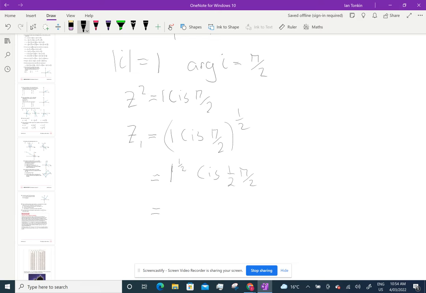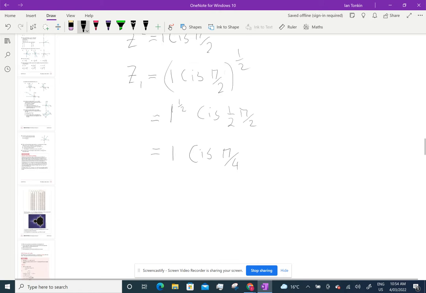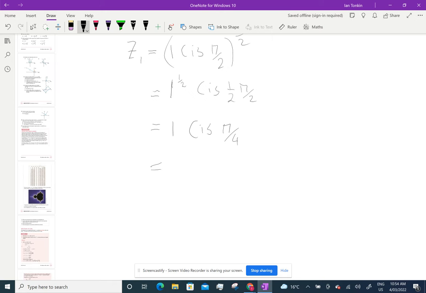which will give me 1 cis π/4. Oh well, that's cos(π/4) + i sin(π/4), which is 1/√2 + (1/√2)i.